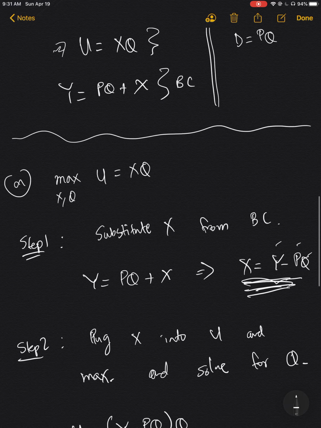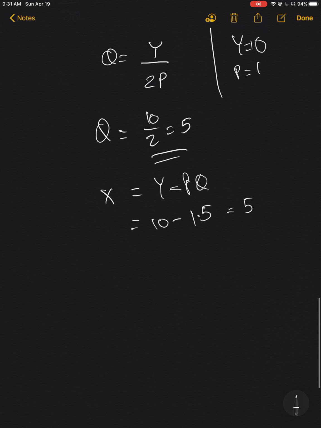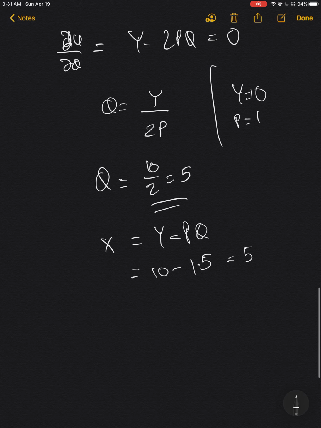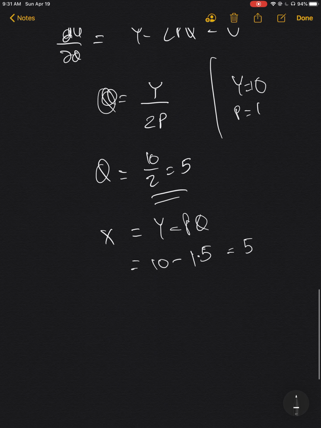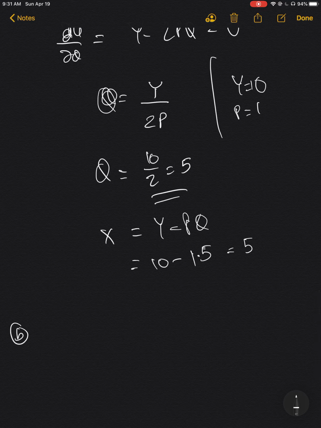Now part B tells you that we know how to solve for Q and X, so it gives you different values of P and Y and asks you to figure out the optimal Q and X. For part B, Roman 1, you're told that P is 2 and Y is 10.